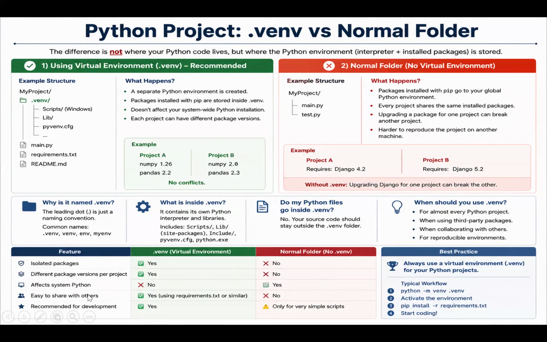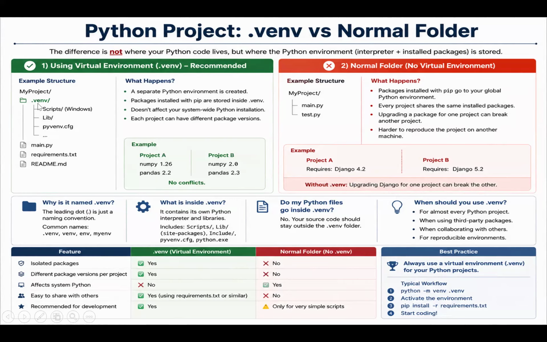Easy to share with others? Absolutely, and it is recommended to share only when you have this venv file. Otherwise, don't share it. Recommended for development? Absolutely. And this is only for simple scripts: if you're writing a small program, you can avoid using venv. But if you're creating a project, definitely use venv.